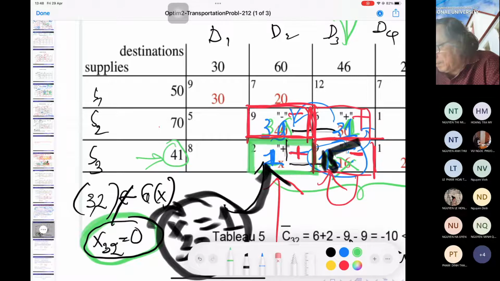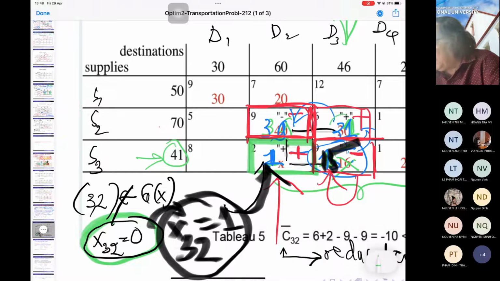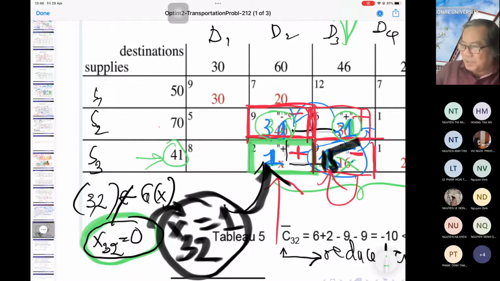Another one here is 31; 30 becomes 31. 40 becomes 39. Then if I change the flow in one cell here, all the cells in the cycle are changing. Is that okay?